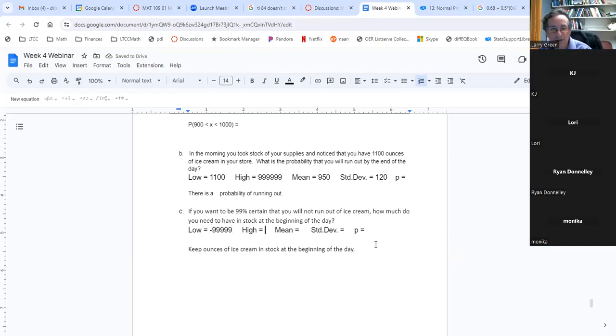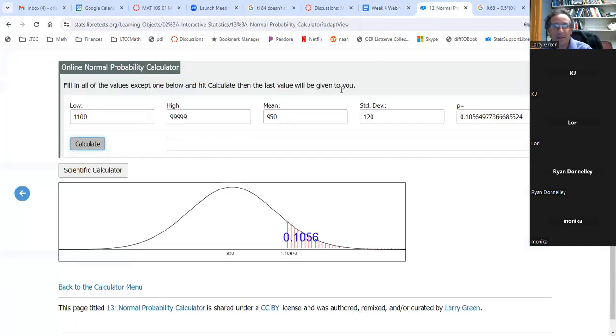The high is what we don't know, right? The mean, that didn't change, 950. Standard deviation also didn't change, 120. What's P? 0.99. And then we plug in. High we didn't know.